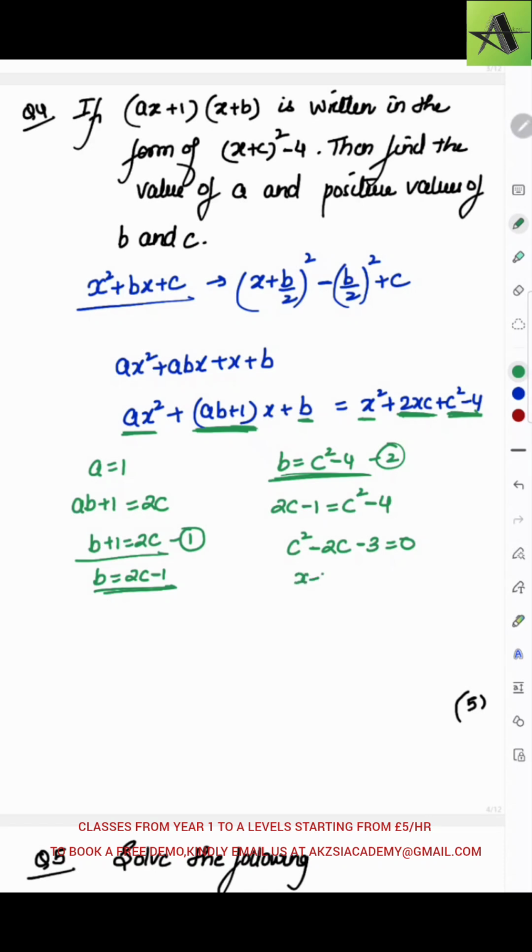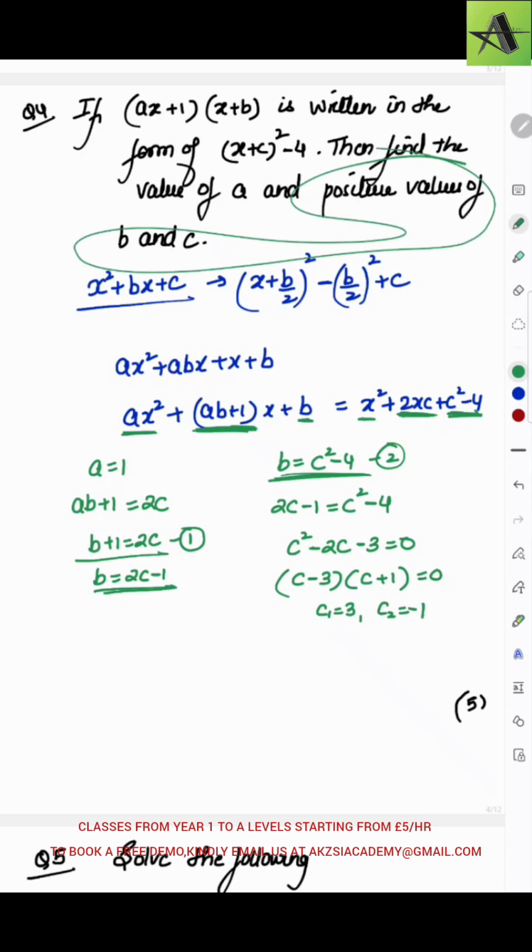Everything is in terms of c, so (c minus 3) times (c plus 1). So c1 is positive 3 and c2 is negative 1. Remember, they have said find the value of a and positive values of b and c.